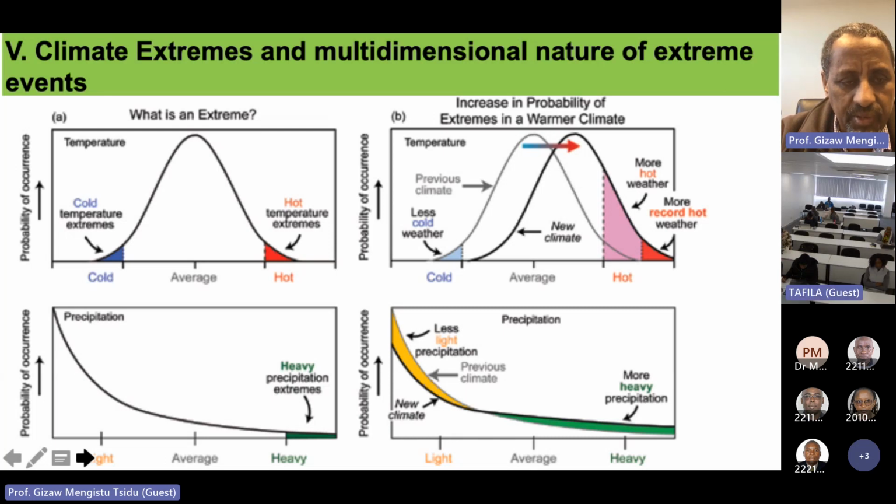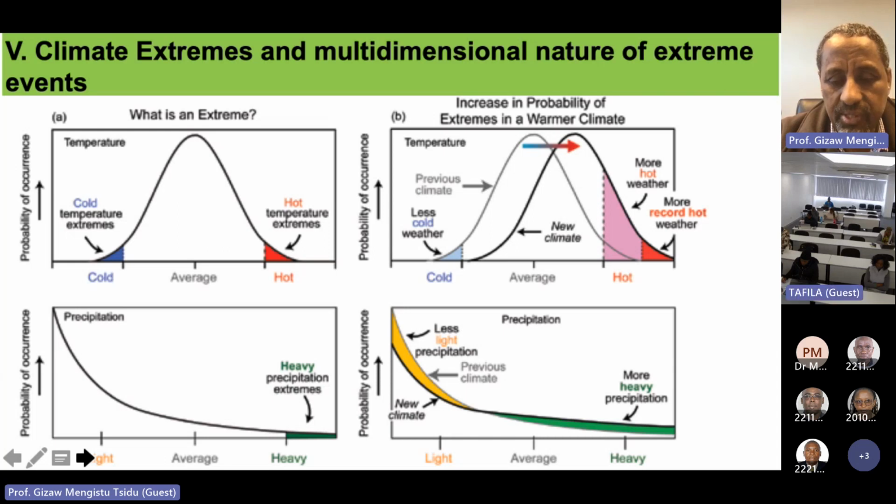If it's temperature, both tails of the distribution, the lower tail and the highest tail, are affected. And if it's precipitation, the same occurs. The lower tail as well as the upper tail of the distribution is affected.